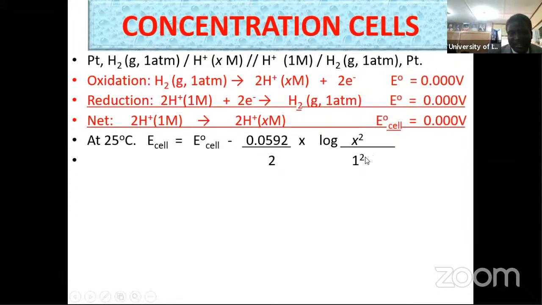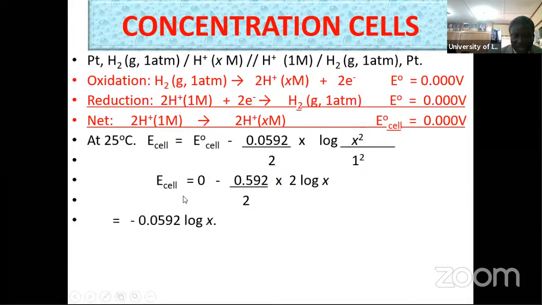Now, if that is 1 squared, and our n here is 2, because we have 2 hydrogen atoms involved, then this is now like 2 log X. Log X squared is 2 log X. And then these 2 will cancel. Your E naught cell is equal to 0. We have brought that one down.